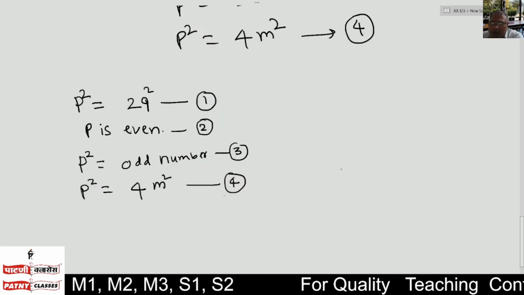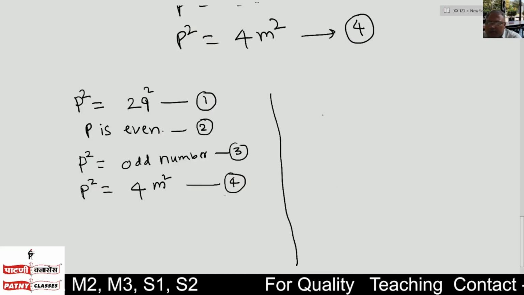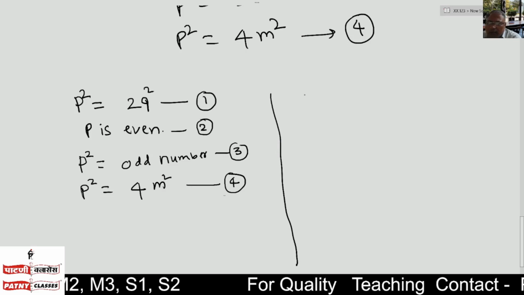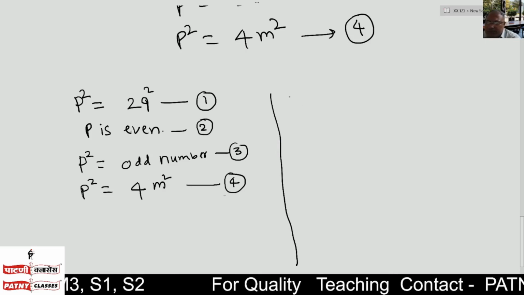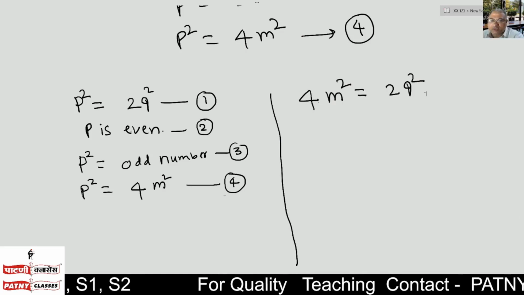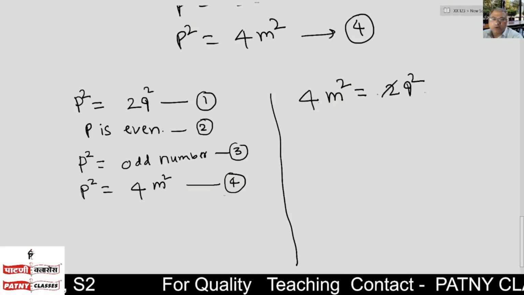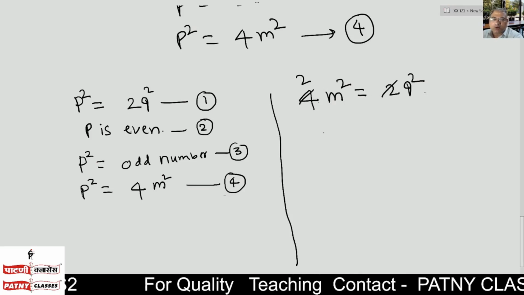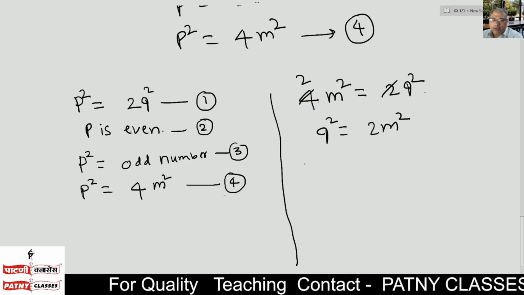Till now we have 4 equations. I have rewritten them here, and from equations 1 and 4, the LHS parts are the same. So comparing RHS parts, we get 4m square equals 2q square. The 2s cancel, so q square equals 2m square.